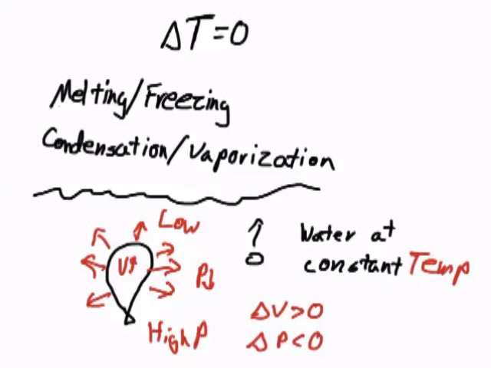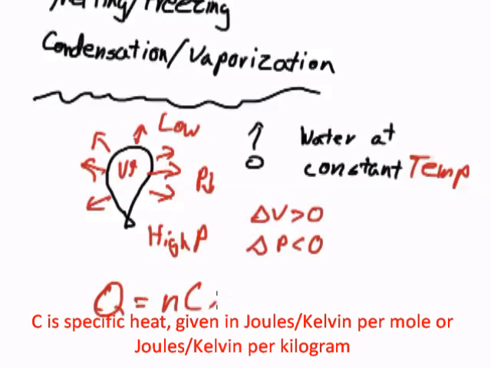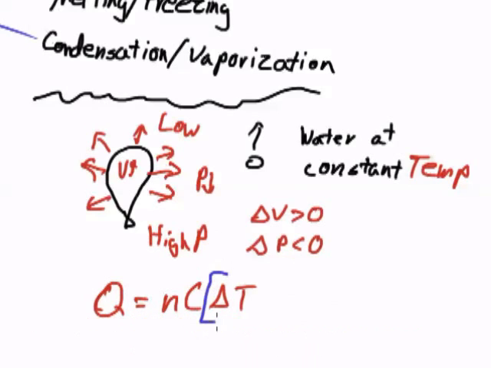But here's the interesting thing. The heat, which we've been talking about as n times a specific heat times delta T, well, this delta T is not changing. There's no change in temperature.